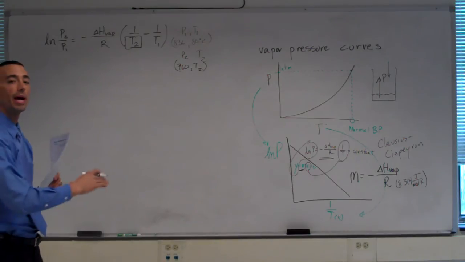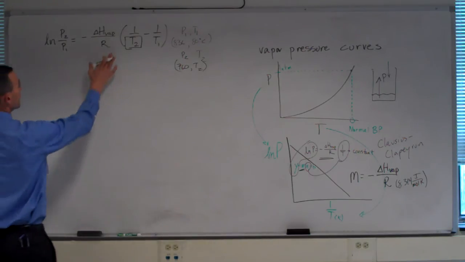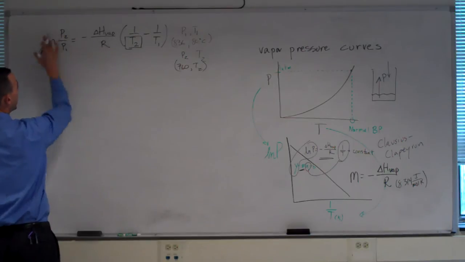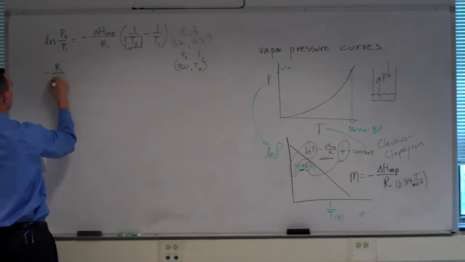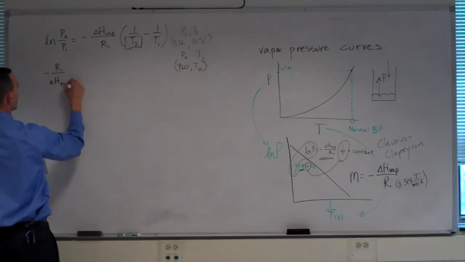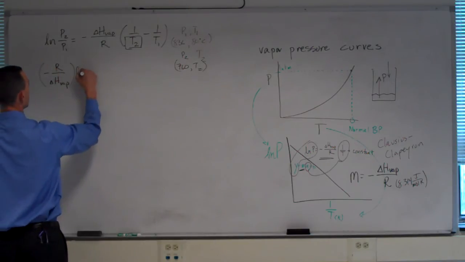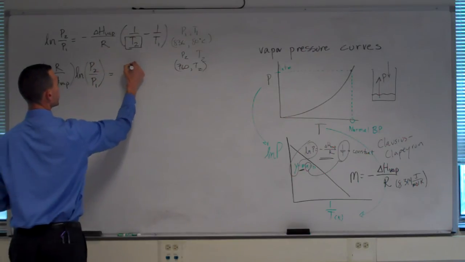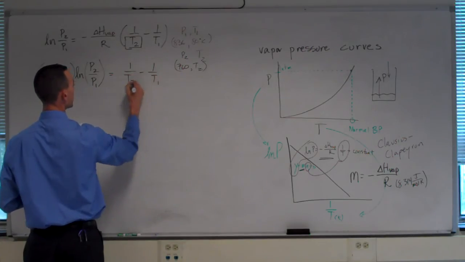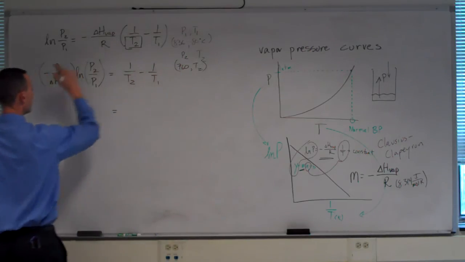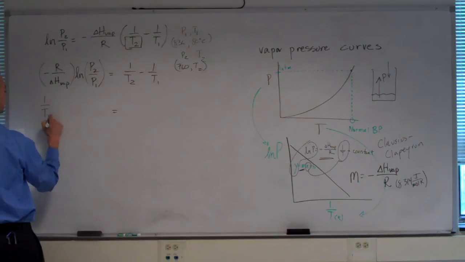So again, there's some algebra that needs to be done first. I can get rid of both R and delta H. So I'm negative R divided by delta H times the ln of P2 over P1. That's equal to 1 over T2 minus 1 over T1. So I can add 1 over T1.